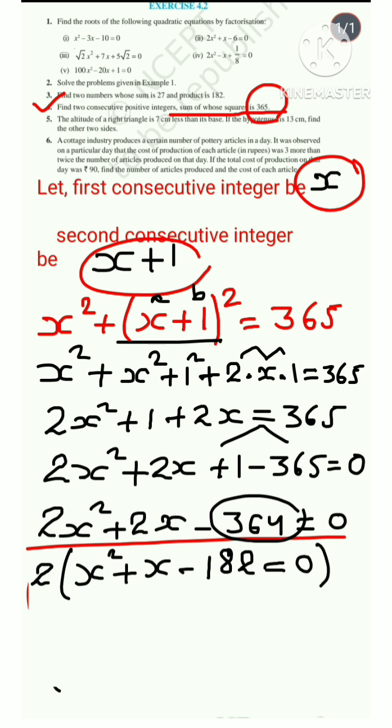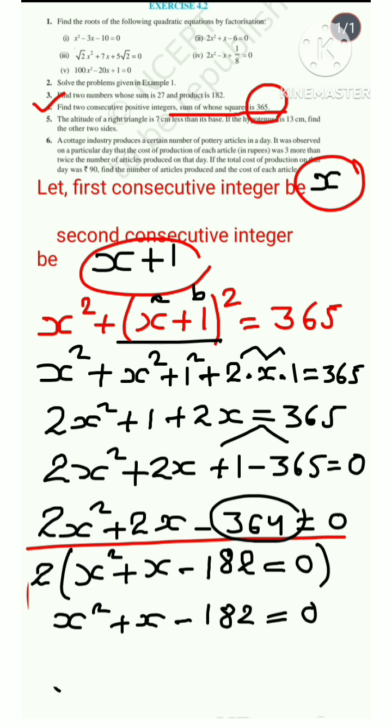Now our equation will be x square plus x minus 182 equal to 0. Now by splitting its middle term we can solve this equation, right?